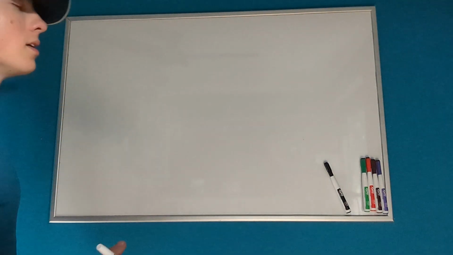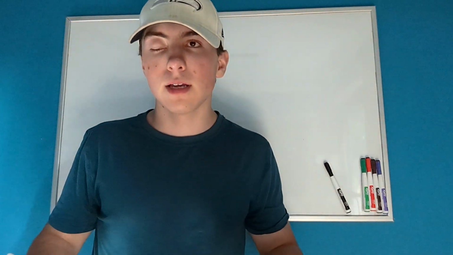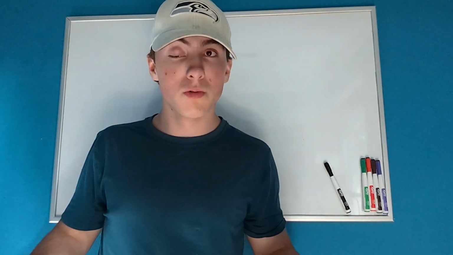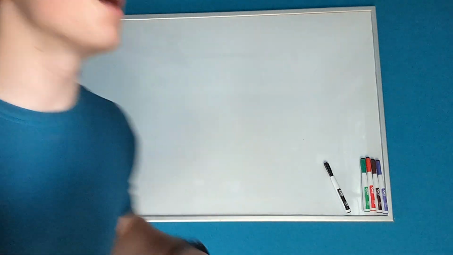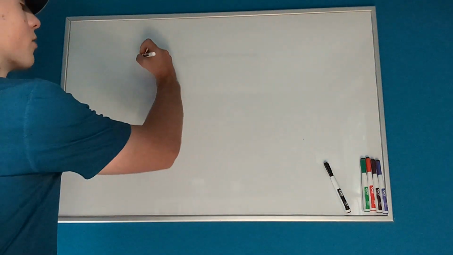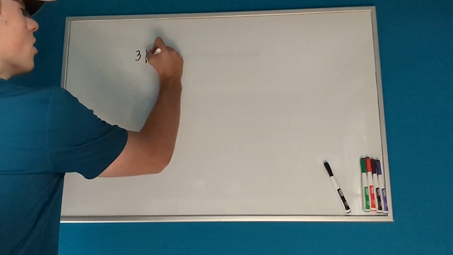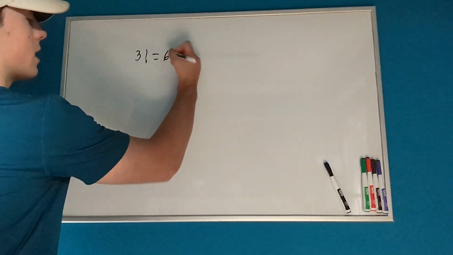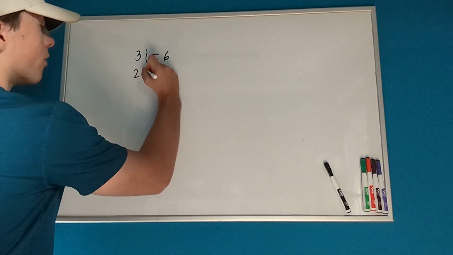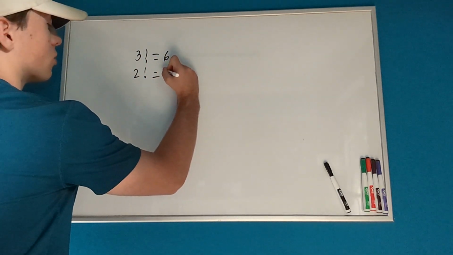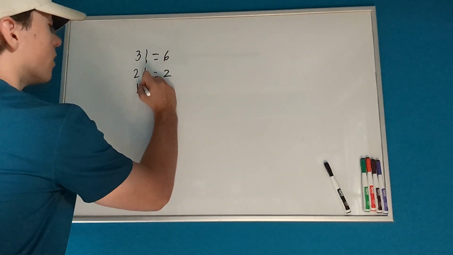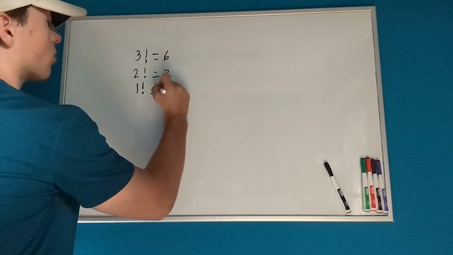Now, an interesting thing is, what is 0 factorial? I'll let you think about this for a second, but before I say it, I want you to realize, 3 factorial is 3 times 2 times 1, that's 6. 2 factorial is equal to 2. 1 factorial equals 1.